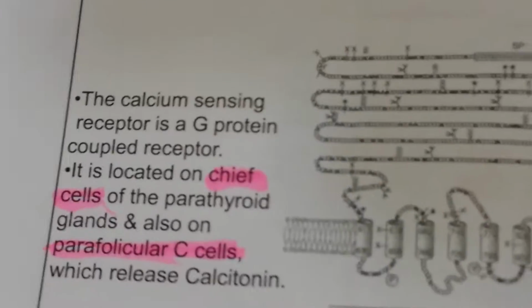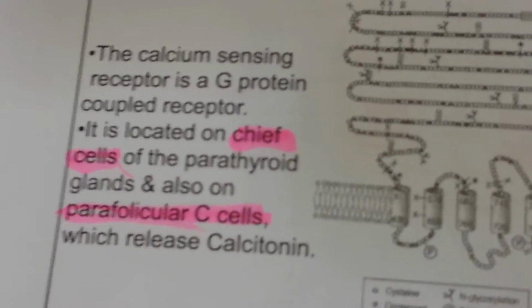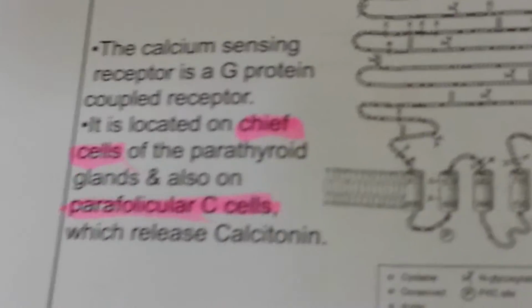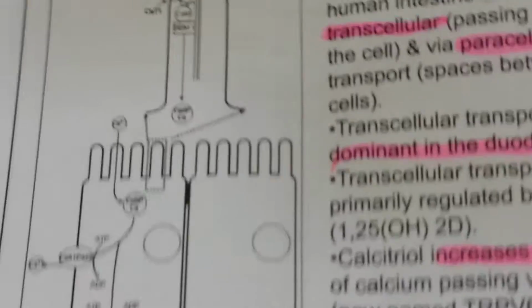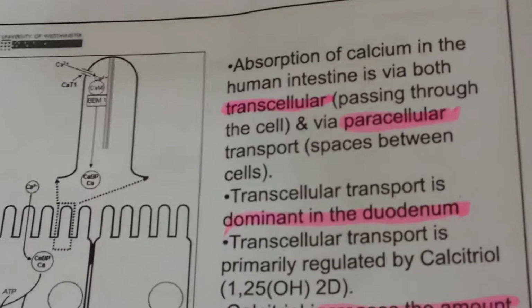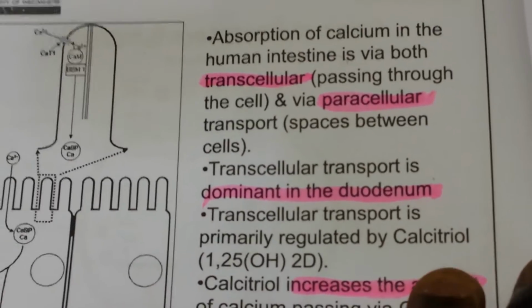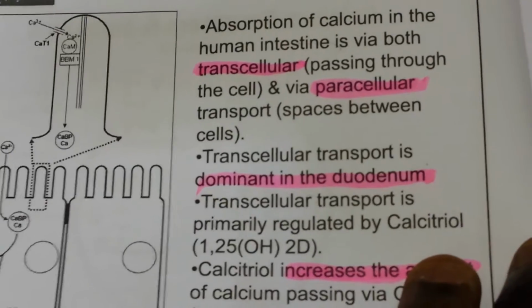Calcium sensing receptor. The calcium sensing receptor is a G-protein coupled receptor. It's located in chief cells of the parathyroid gland and also in the parafollicular cells, which release calcitonin. Absorption of calcium in the human intestine is via both transcellular, passing through the cell, and paracellular transport.